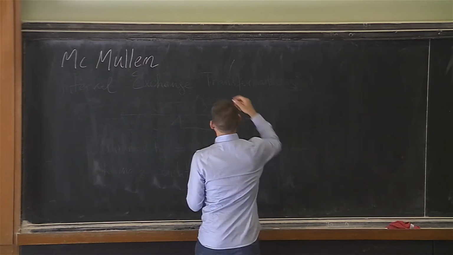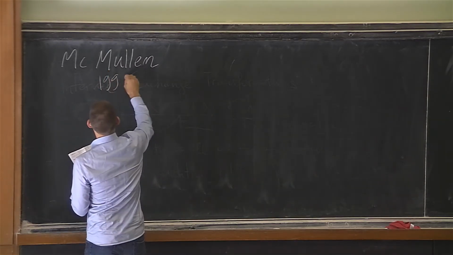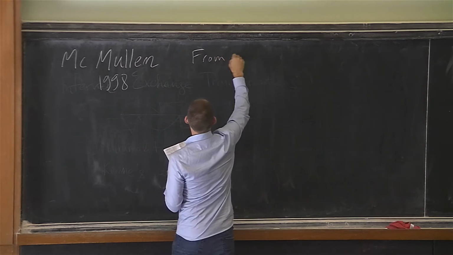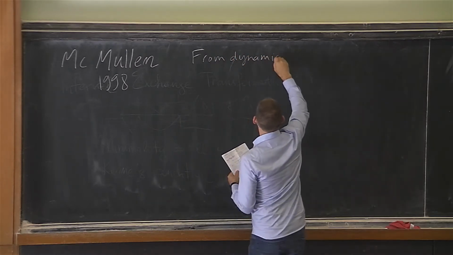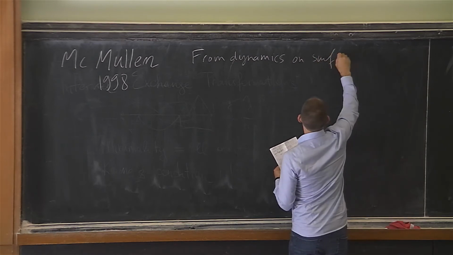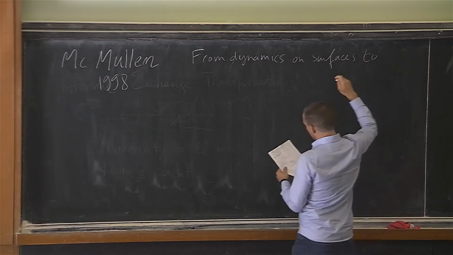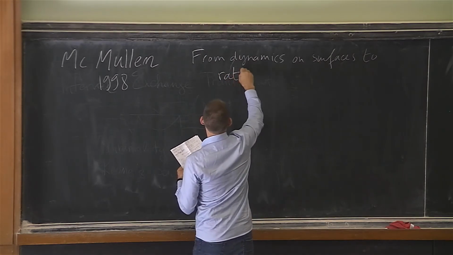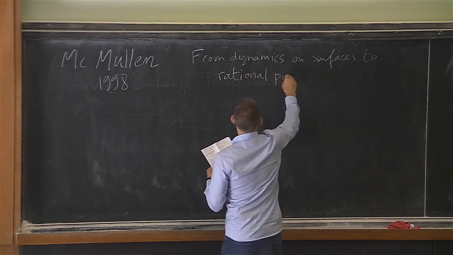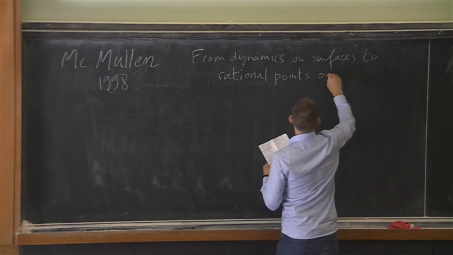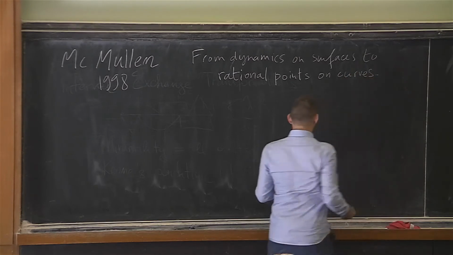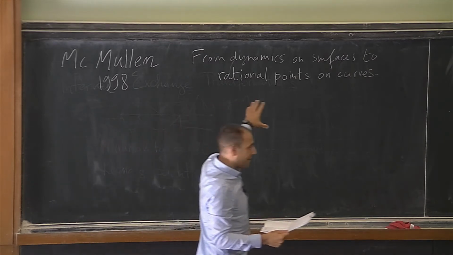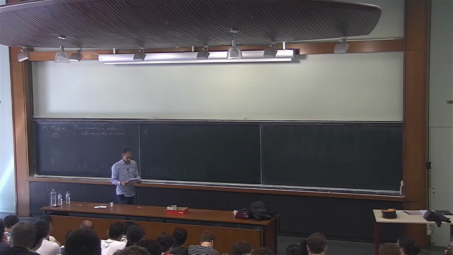It's a 98 or 99 paper, called From Dynamics on Surfaces to Rational Points on Curves. So probably I will have the opportunity to justify this title in the course of the lectures.